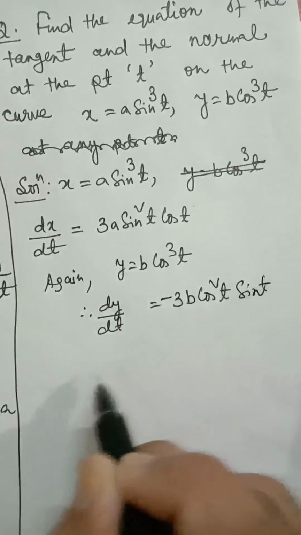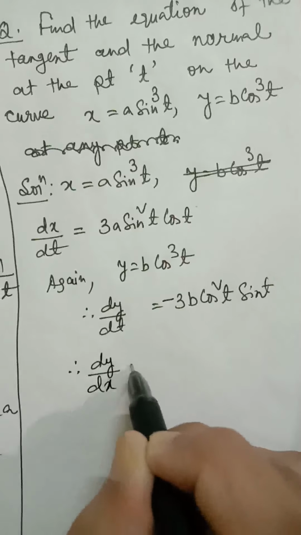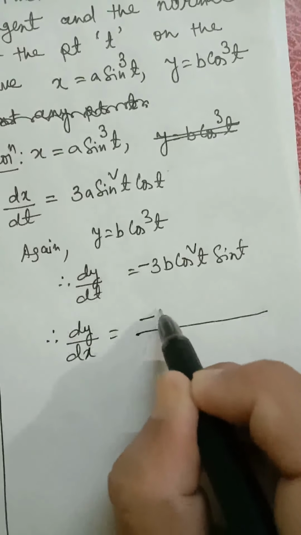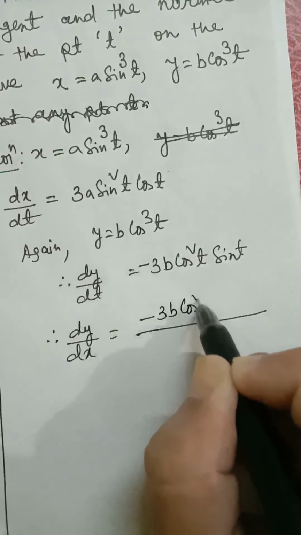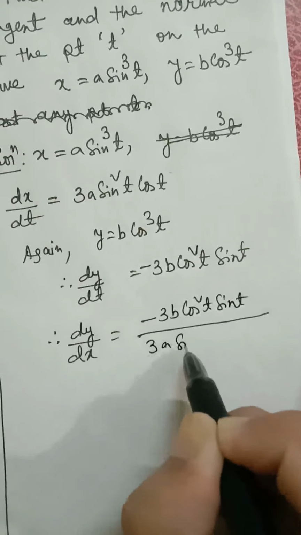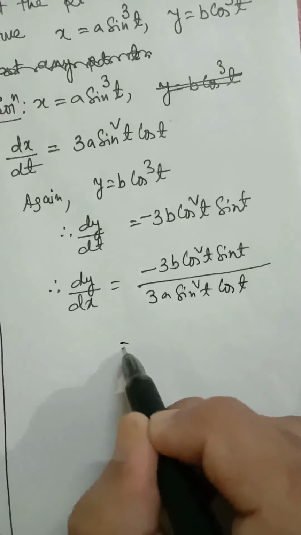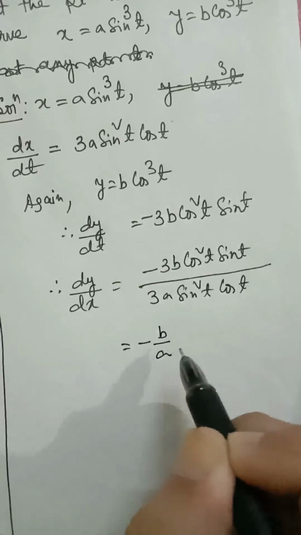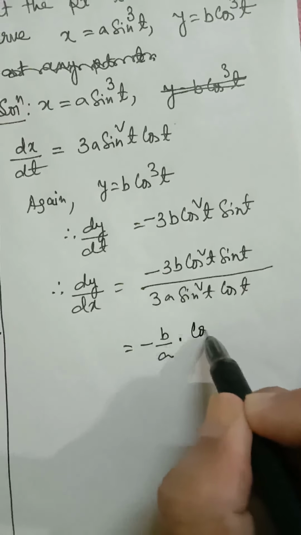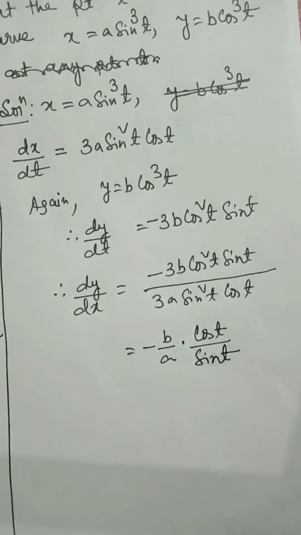Therefore dy by dx equals dy by dt over dx by dt, which is minus 3b cos square t sin t by 3a sin square t cos t, equal to minus b by a cos t by sin t.